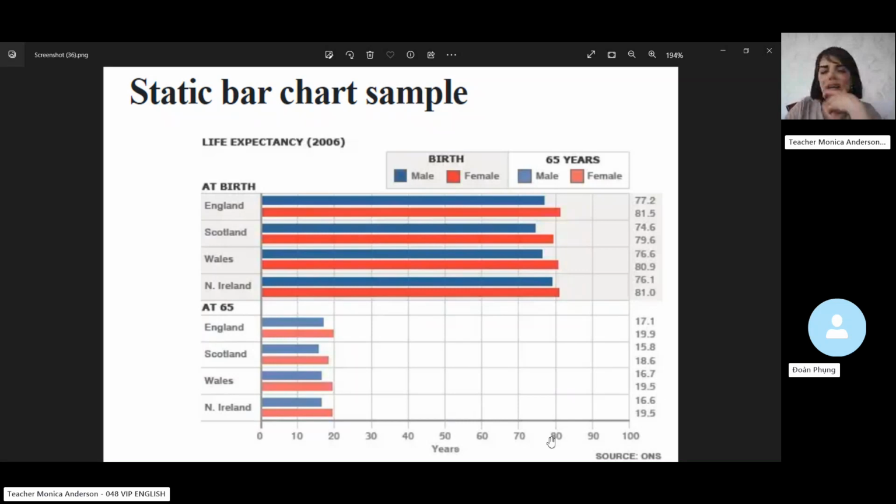I just say, for example, for the birth of the male, England is the highest with 77.2, and following is Scotland with about 74.6, and just like this, I just say like that.